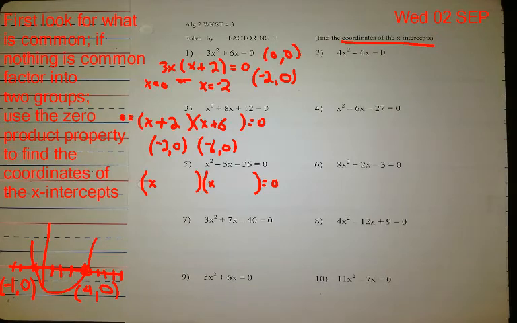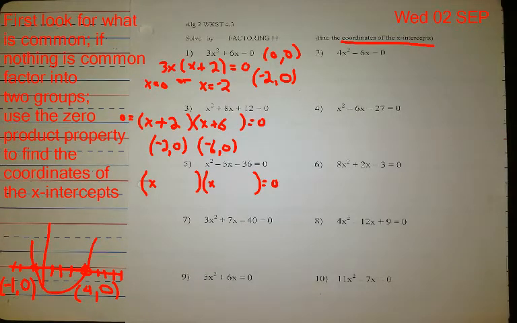Well, negative 6 times positive 6? That would add up to be 0. How about, let's see, what else is there? 3 times 12? Negative 3 and positive 12. That doesn't work because that doesn't add up to be negative 5.